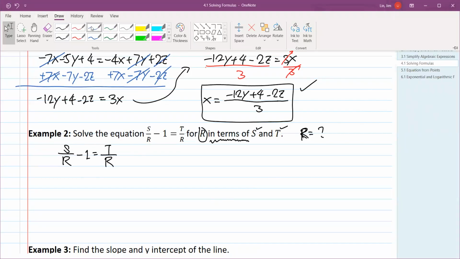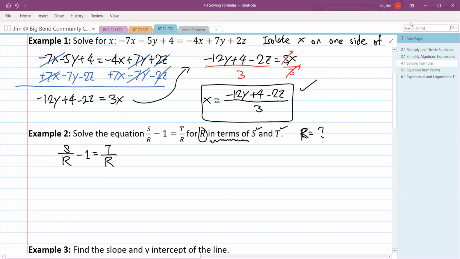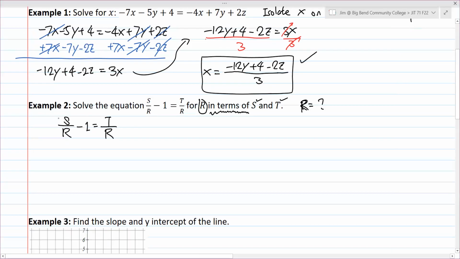All right. Now let's go over the question. We multiply the equation by r. We do that to divide out r on the right-hand side. And then let me show you how that works.